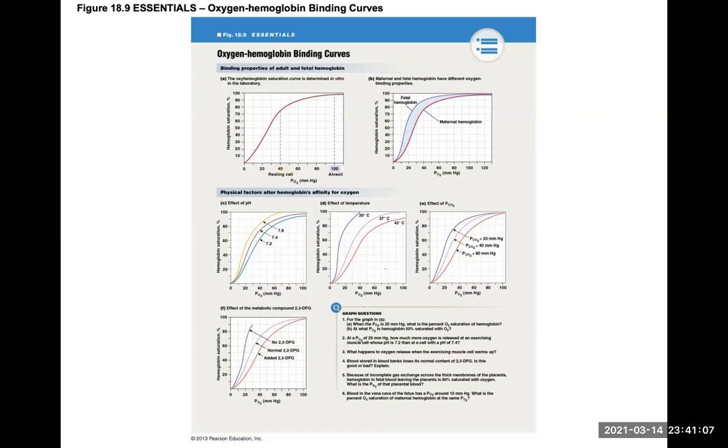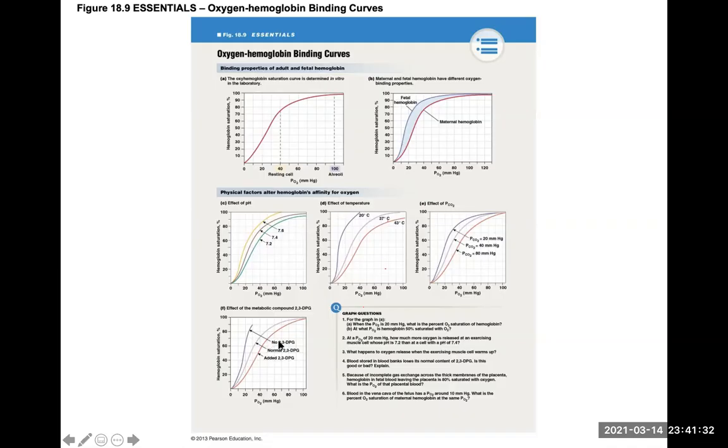Okay, so there's a couple of different factors that are going to affect the oxygen hemoglobin binding capacity. Any factors that alter the conformation of the hemoglobin protein may affect its ability to bind to oxygen. So changes in the pH, temperature, partial pressure of CO2, and then a molecule that we'll call 2,3-DPG.